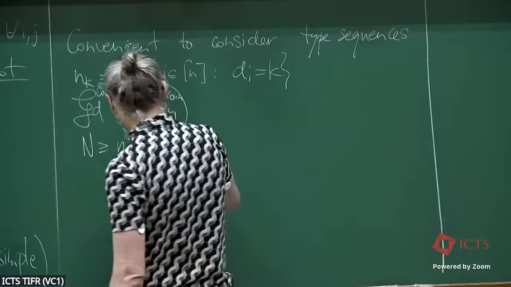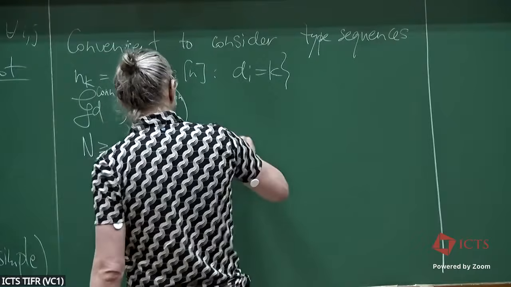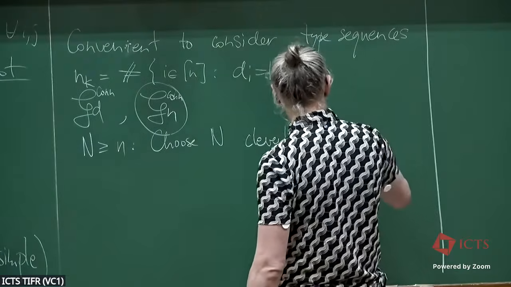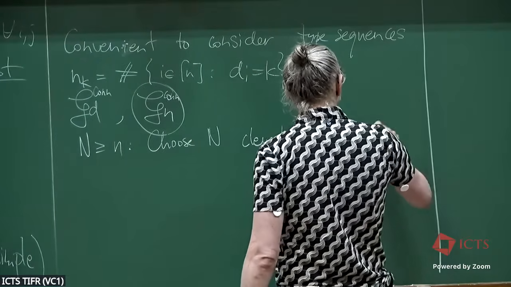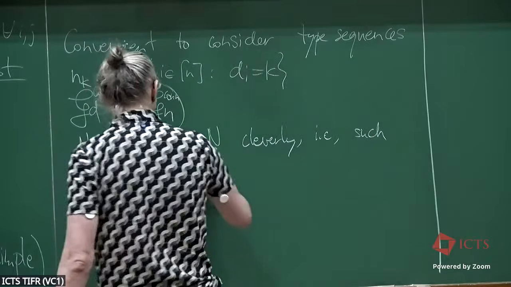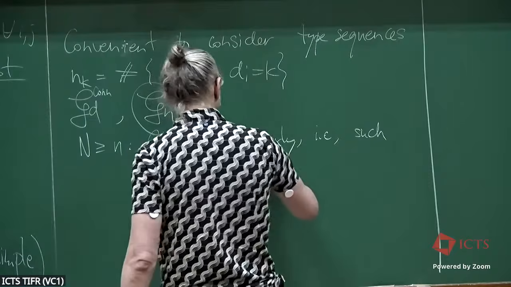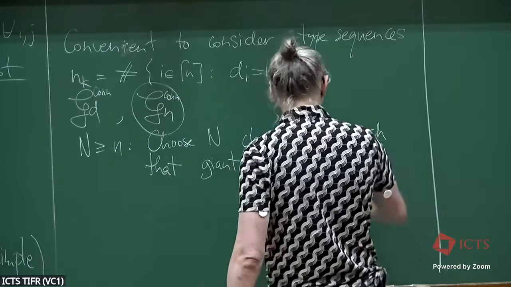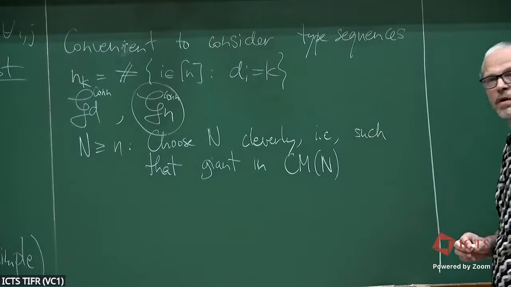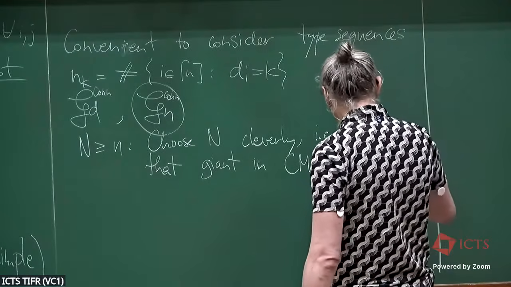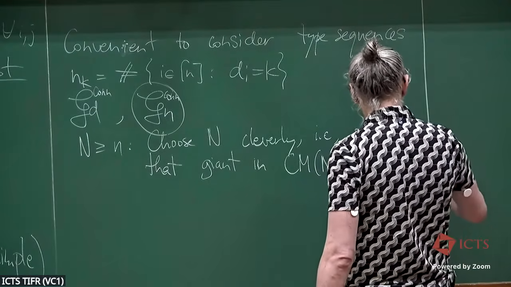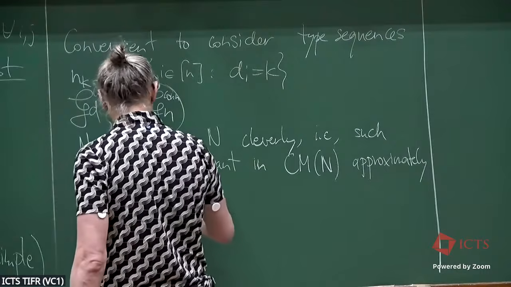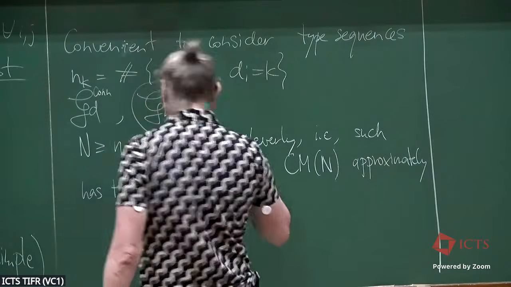And I'm going to choose this N cleverly, namely such that the giant in G_N, let me now just write n for the type sequence, approximately has type sequence little n.